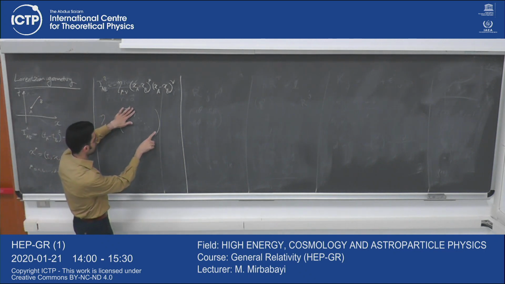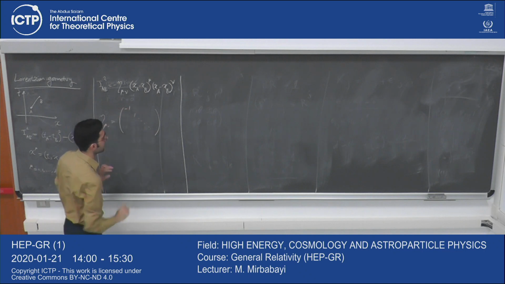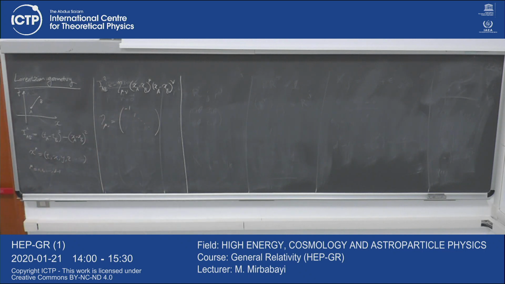On this part it is just the usual Euclidean metric. So if we look at equal times, this interval is the same as the Euclidean interval that we have.